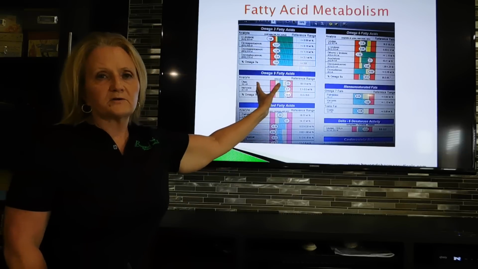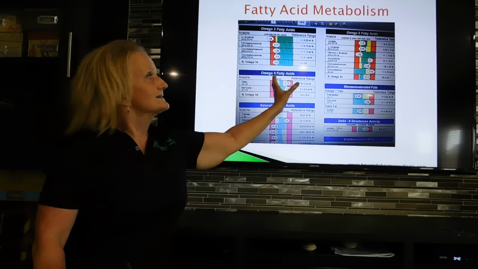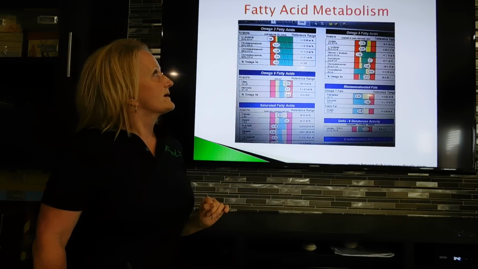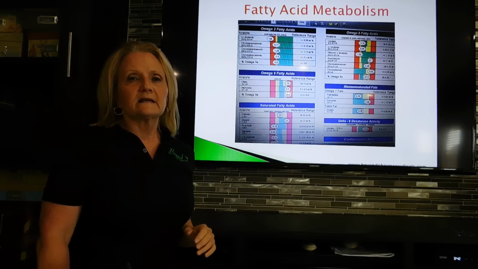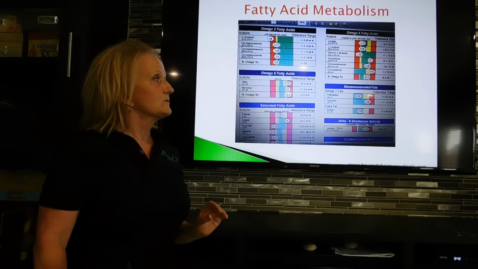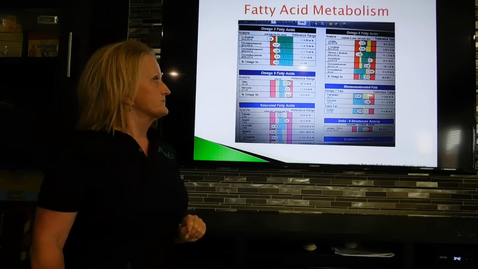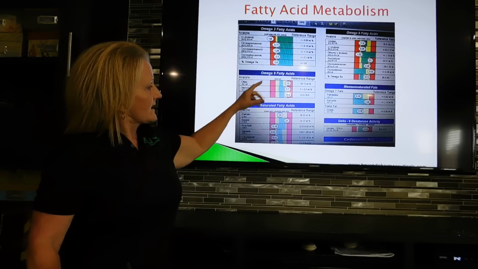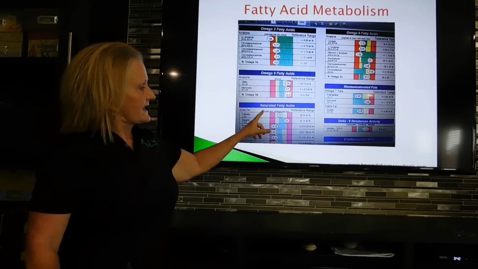So this pattern is suggesting that she has an omega-6 dominance. And just a little bit more about fatty acids: you don't look at individual fatty acids, what we look for is patterns. And of course she has very high omega-9s, and the saturated fatty acids are all low.